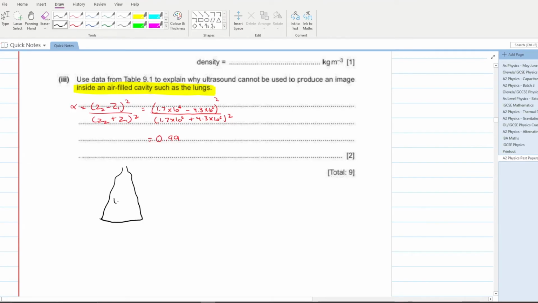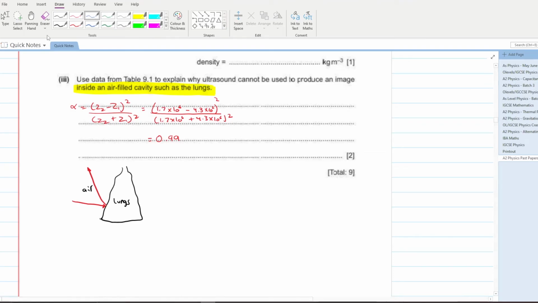This is your air. If we apply an ultrasound here, this tells us that 99% of this ultrasound will get reflected and nothing will get transmitted inside the lungs. So no image will be formed.